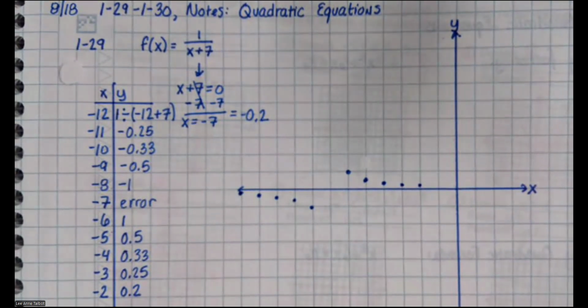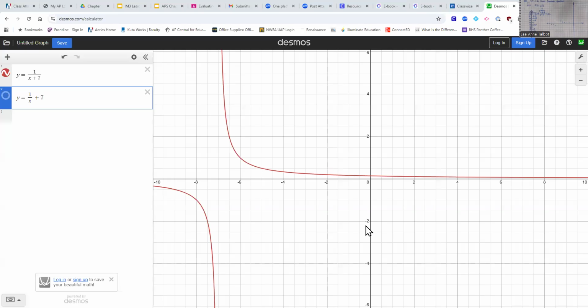It's kind of an unsatisfying result. Okay. Get those graphed as best you can. I'm going to show you what it actually looks like on Desmos. So what we need to do is sketch in these curves with the dots we have.